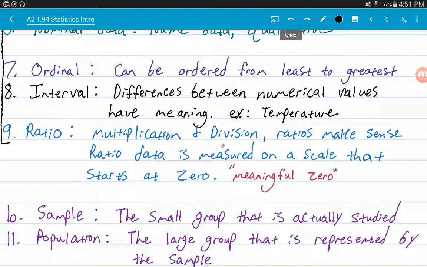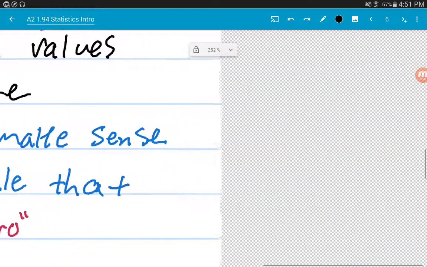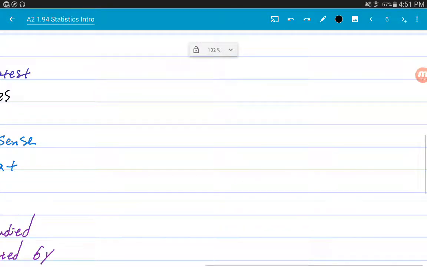Ratio means that multiplication and division or ratios make sense. Ratio data is measured on a scale that starts at 0. It has a meaningful 0. So for instance, length, right? And by ratios, I don't mean anything very mathematical about that.